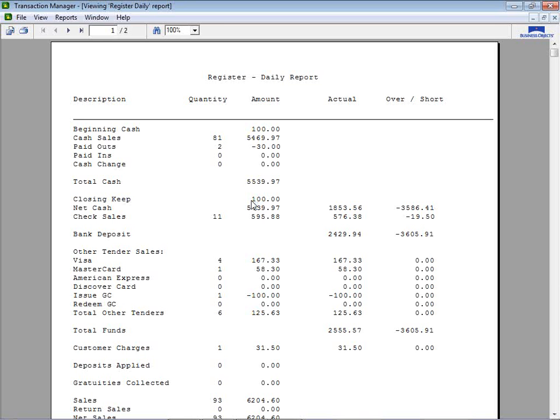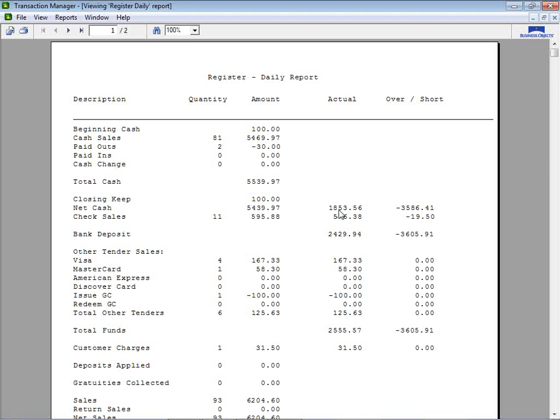If this was a 3-register store and each of them had $100 as their closing keep amount, these numbers would be 300 and 300. And normally, in most cases, since people don't change that amount, this beginning cash and the closing keep just net each other out. So we took in $5,400 and change.